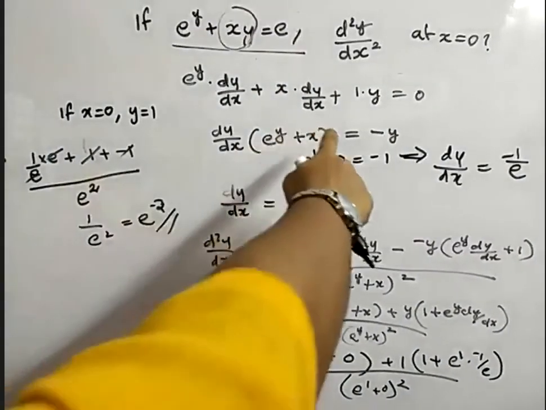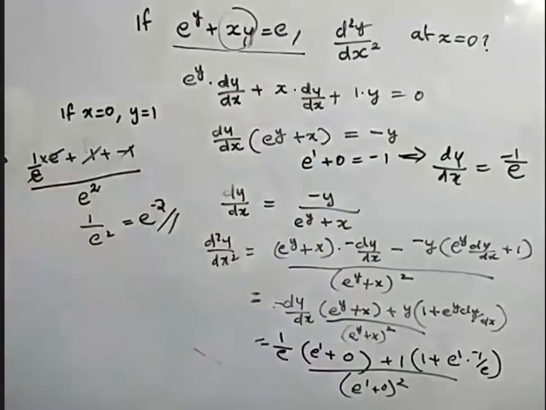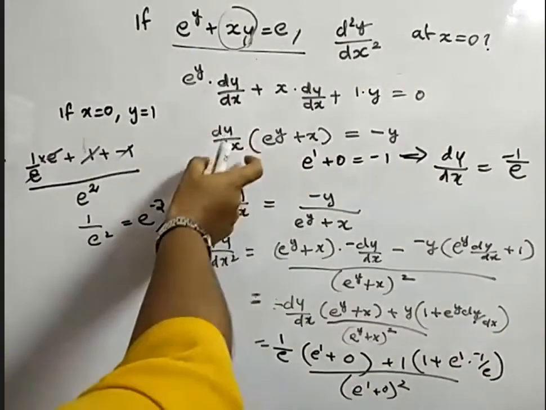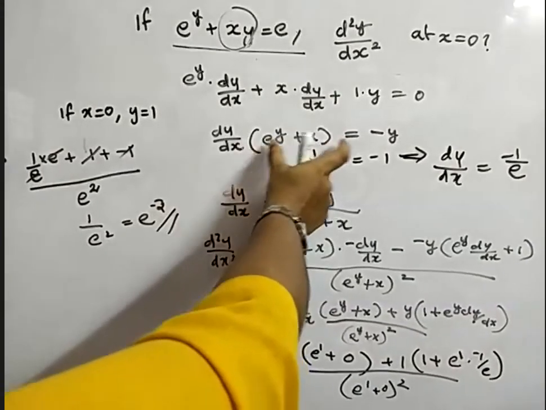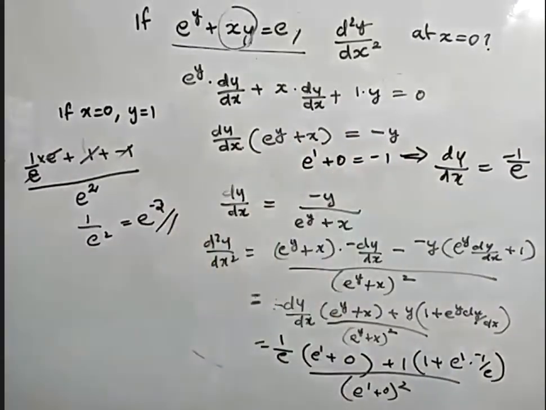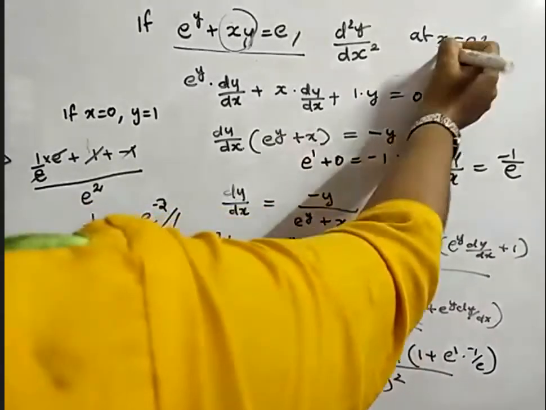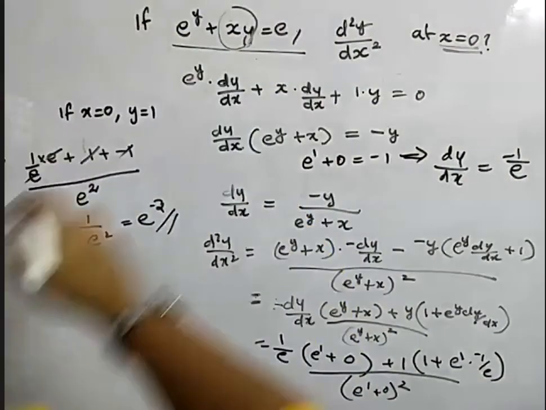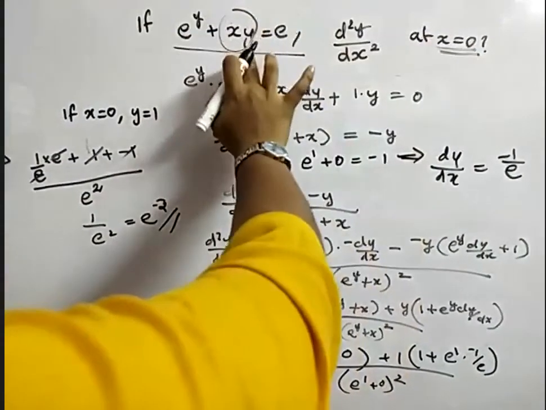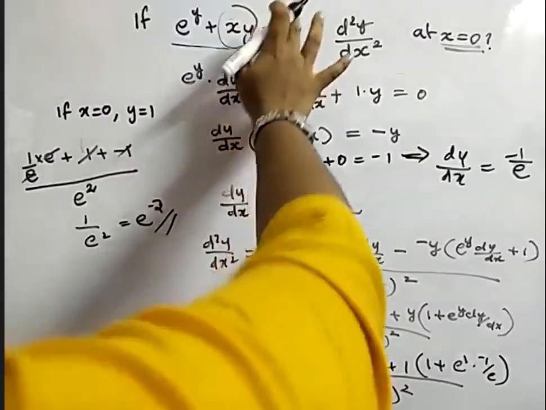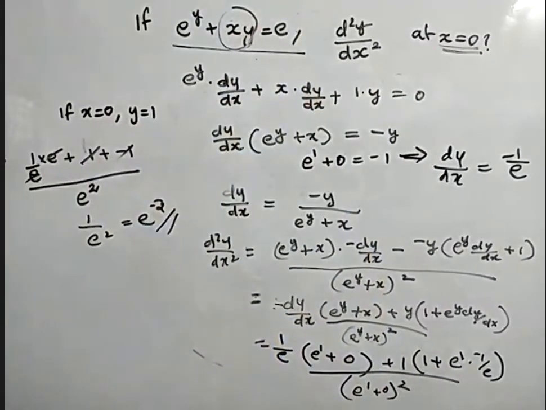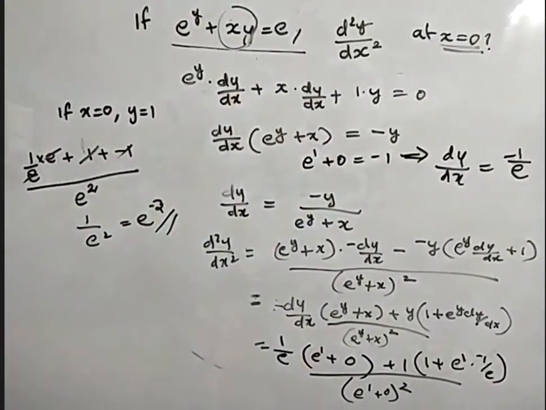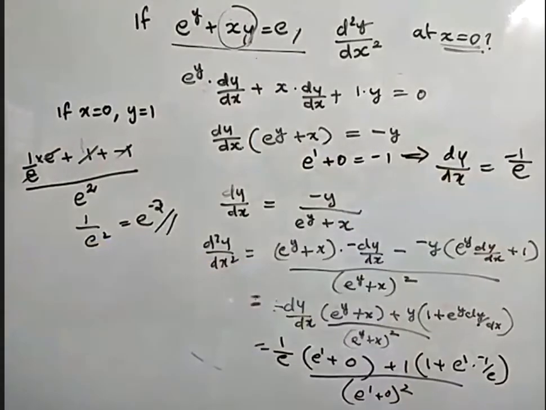First function into derivative of the second function plus second function into derivative of the first function. Now I'm collecting dy by dx to one side. After that, I am substituting x is equal to 0 and seeing what y is coming. If I substitute x is equal to 0, this term will go. So e raised to y equal to e, that means y is equal to 1. Clear? So I substituted x equal to 0 and y is equal to 1. Then dy by dx is equal to minus 1 by e.